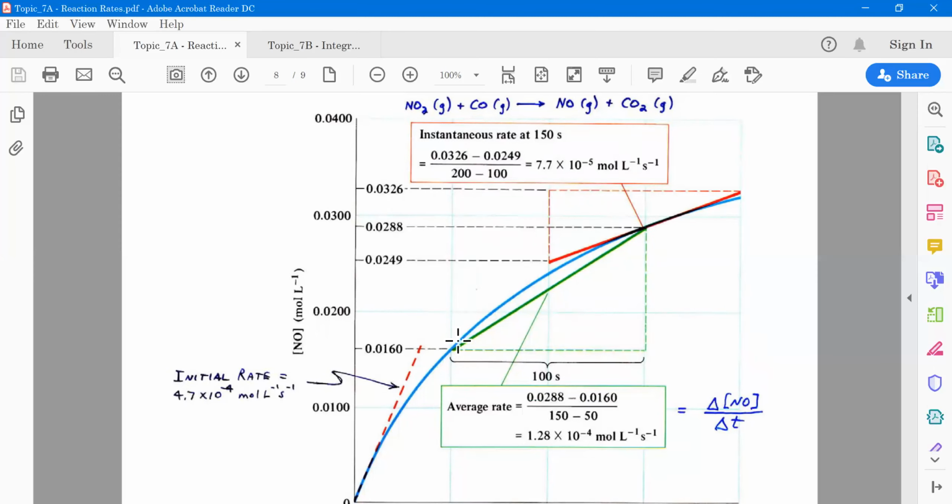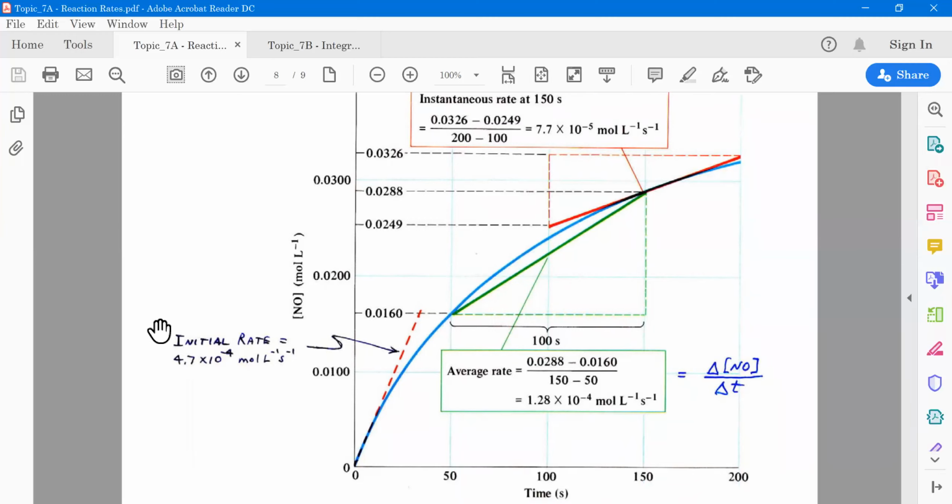So as you might imagine, this average rate is less useful than either the initial rate or the instantaneous rate that occurs at some particular point, because it averages over this long time interval. The way the average rate can become more useful is to average over smaller and smaller time intervals. In essence, the initial reaction rate is also an instantaneous rate at time 0. The average rate, if it was done over a sufficiently small time interval, becomes more and more relevant.